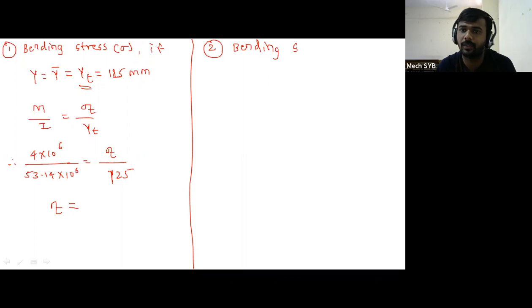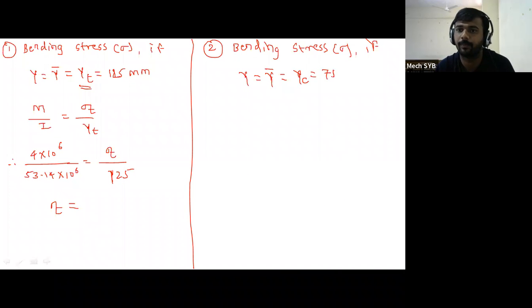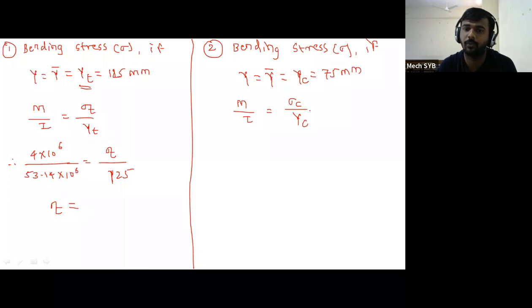Then the second bending stress sigma, once again capital Y is equal to y bar is equal to yc is equal to 75 mm. And once again the bending stress formula M upon I is equal to sigma c upon yc.